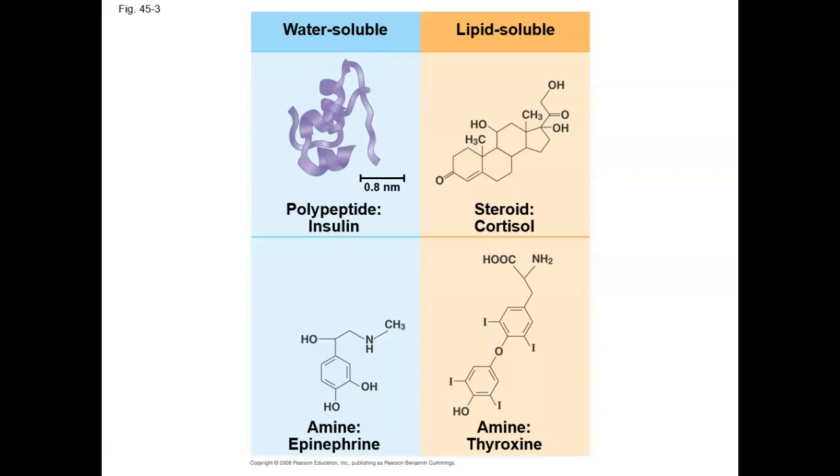So insulin is a polypeptide. We know that peptides have a tendency to have an amine group on one side and a carboxylic acid on the other side, which means that they're going to be polar, and that means they're also going to be water soluble. Epinephrine is also an example of a water soluble hormone.